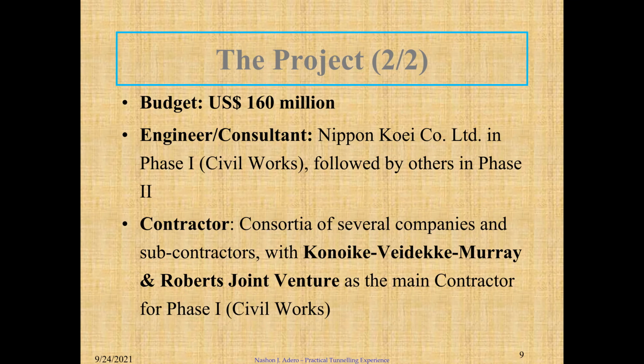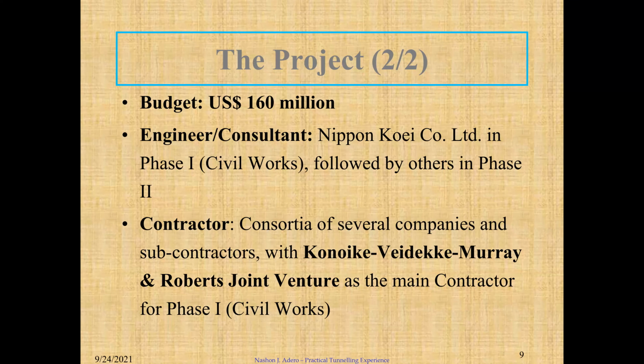Now, the budget in dollars, that one. Who was the consultant we had during civil works? We had this consultant during civil works called Nippon Koei, also a Japanese company, and there were other consultants for the subsequent phases.